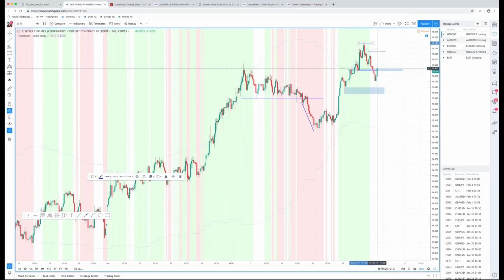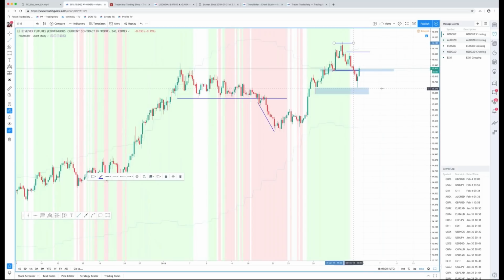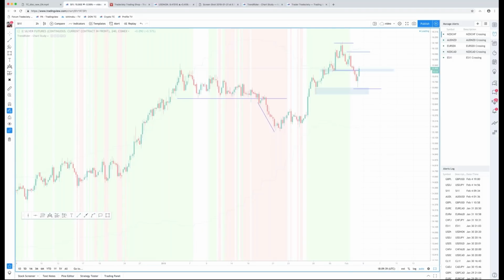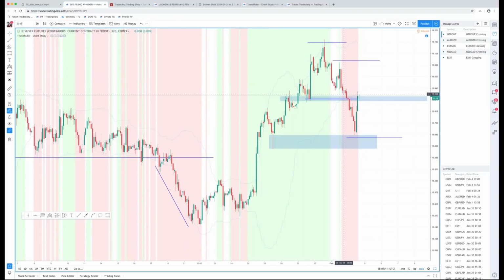But if we move below this point, you might be able to get into another short. Right now I would not really recommend trading it, at least not on the 4 hour. On the 2 hour you see the trends a little clearer, but still, this is what I would call a V top, or in this case, a V bottom.